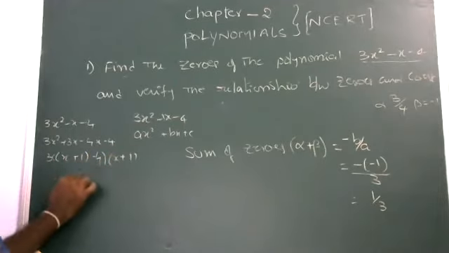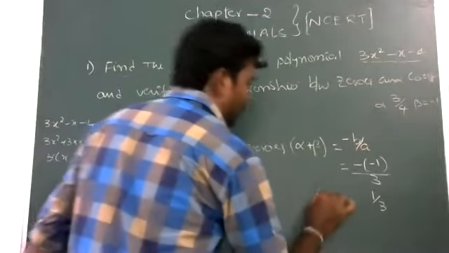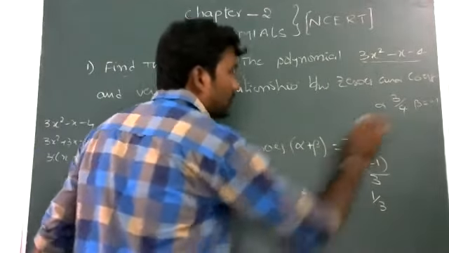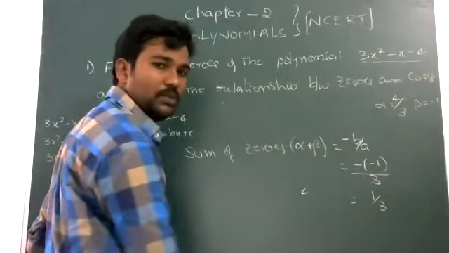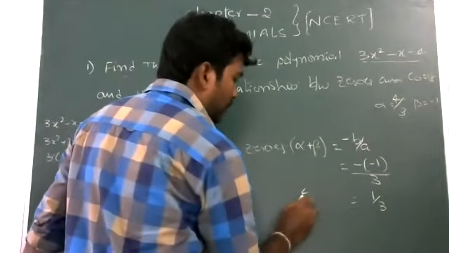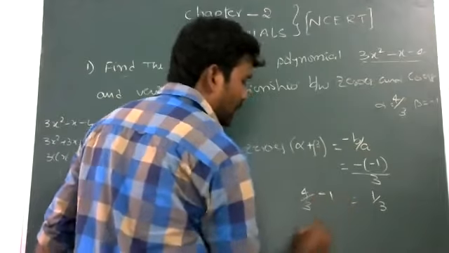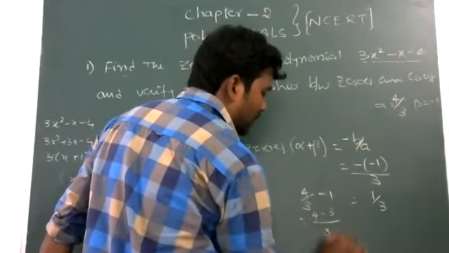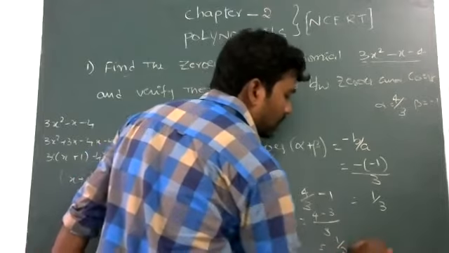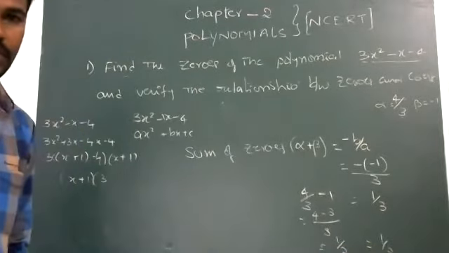Alpha equals 4 by 3 and beta equals minus 1. So alpha plus beta means 4 by 3 minus 1. What is the LCM? 3. So 4 minus 3 equals 1 by 3. So LHS is equal to RHS. Both are right. Is it clear?